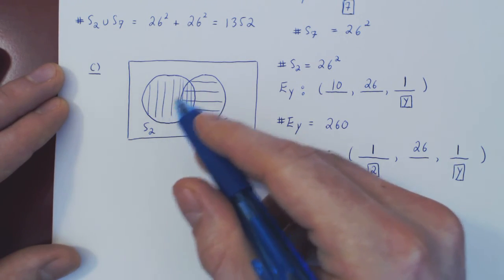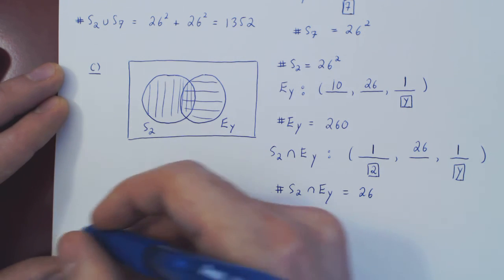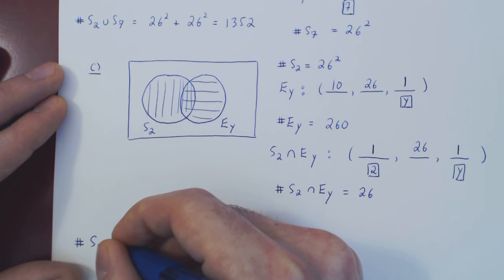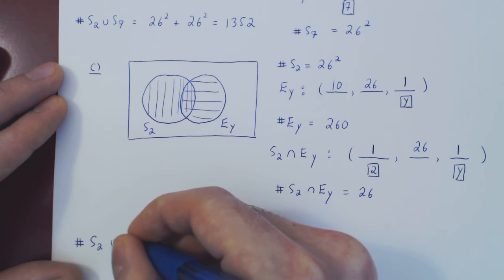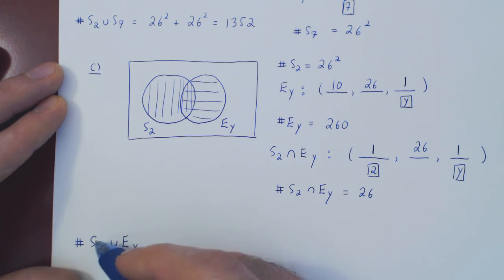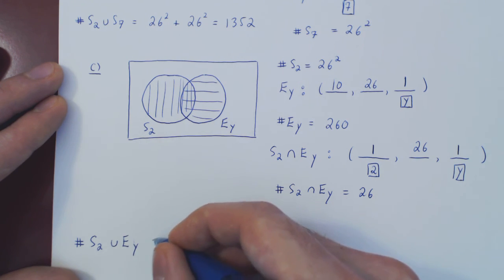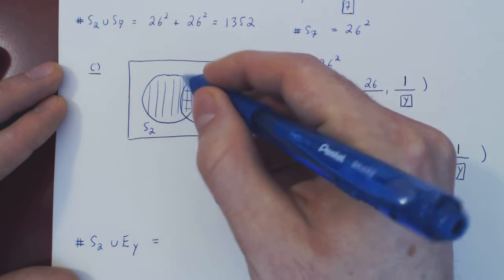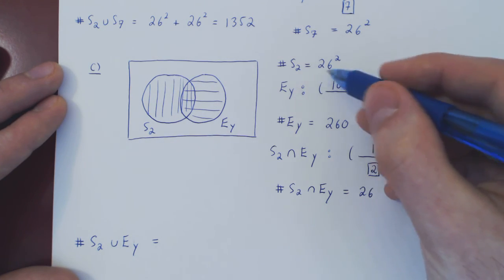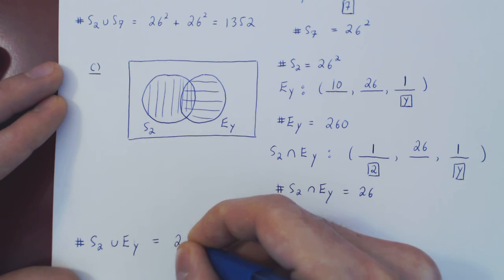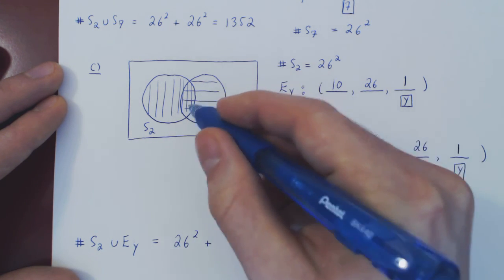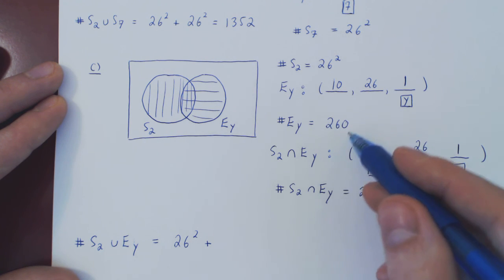We wanted the number of passwords in this region. That is, of course, as we have said, the size of the union between S2 and EY. All passwords that either start with a 2 or end with a Y. And as we have just said, we add all the elements of S2, 26 squared, plus all the elements of EY, 260.